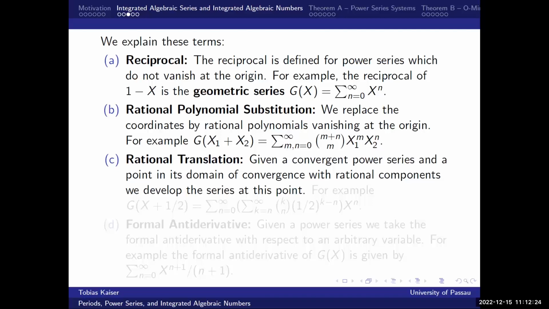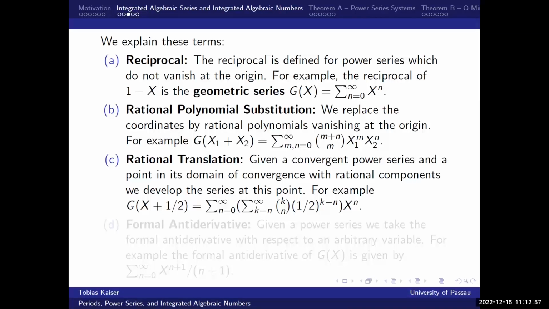If I have a point in the domain of convergence with rational coordinates, then I'm allowed to develop the power series I have obtained in the process at such a point. All rational points. So here, for example, if you have the geometric series, you develop it around the point 1/2, you obtain this power series.